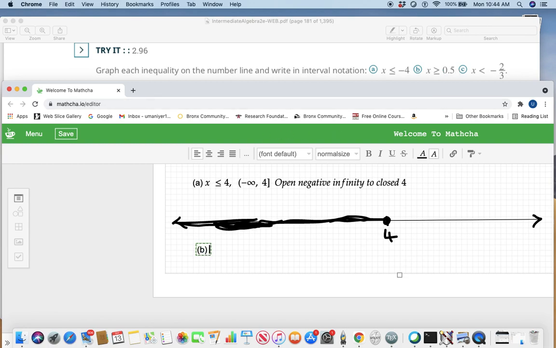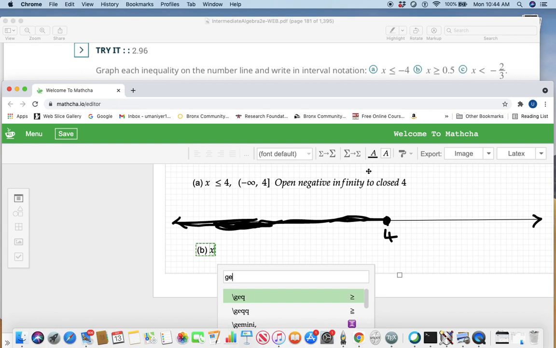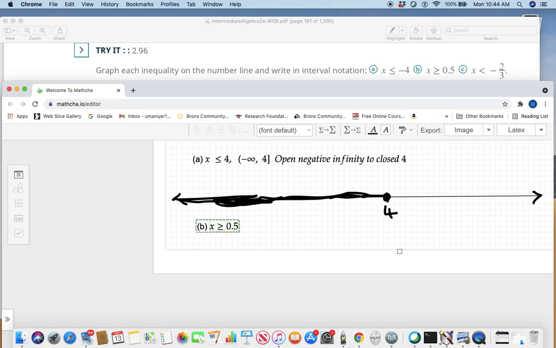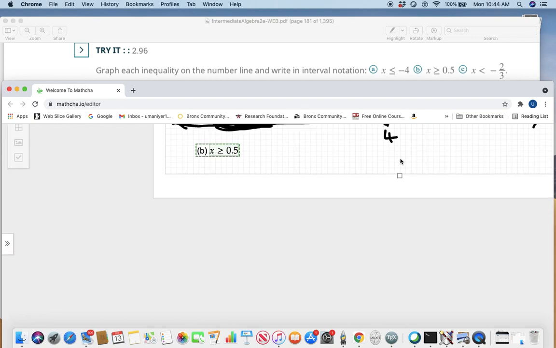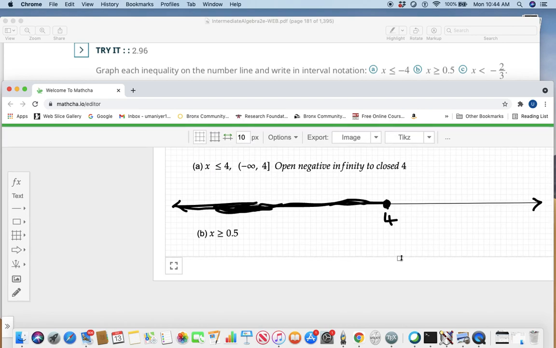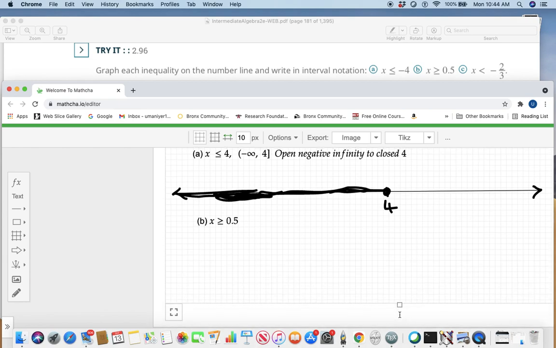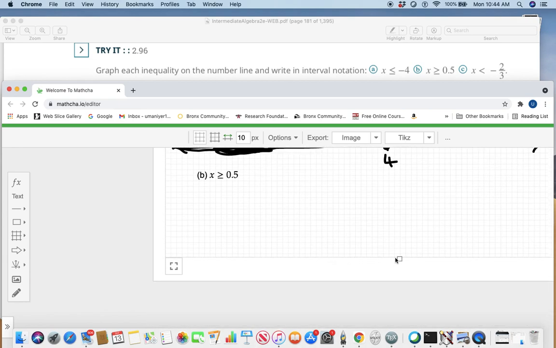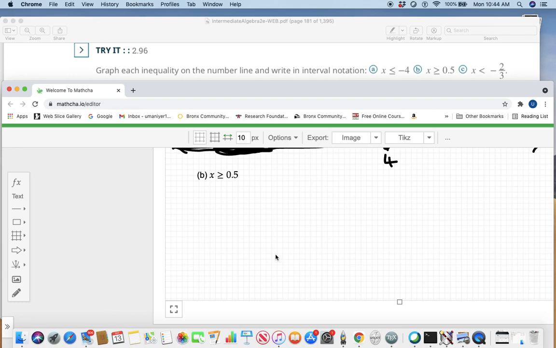x greater than or equal to 0.5. All right. Let's draw this. Start with a line.